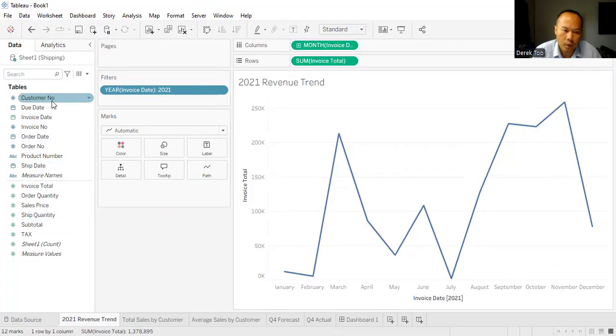The top part is the dimension, the bottom part is the measure. Customer number, invoice number, and order number used to be measures, and then I converted them into dimensions and they moved up.